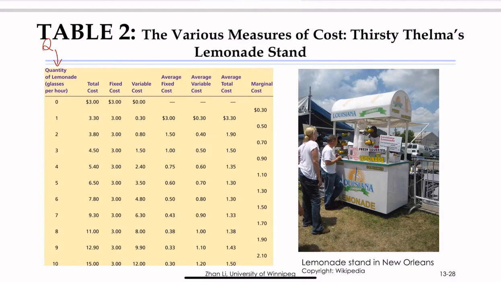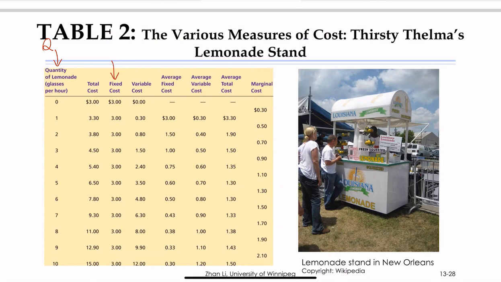And then you can see that the fixed cost is given. It is $3. And you can see that no matter how many glasses of lemonade Thelma makes, the fixed cost is always $3. So it does not change with the number of output.